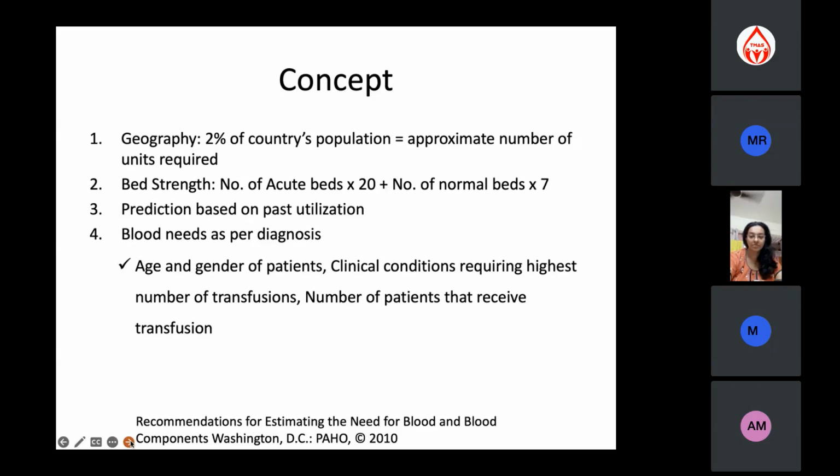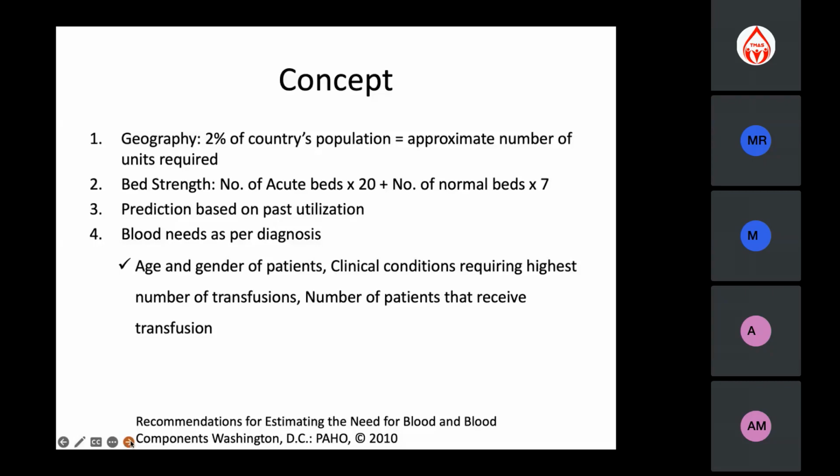In this case, the age and gender of patients, the clinical conditions requiring the highest number of transfusions, and the number of patients that receive transfusions are estimated over a period of 1 year or certain time points. Then they predict the number of units required for a hospital. Among the four concepts, concept number 4 appears to be relatively scientific, but it's not practiced much.